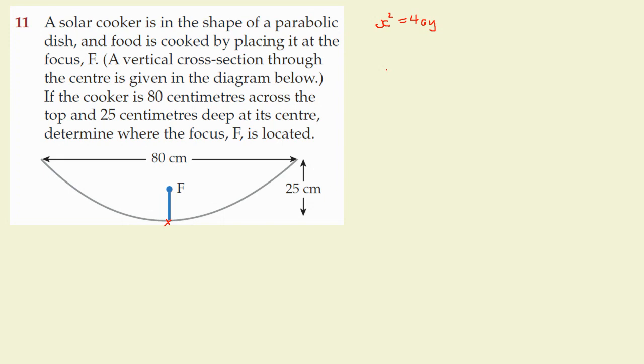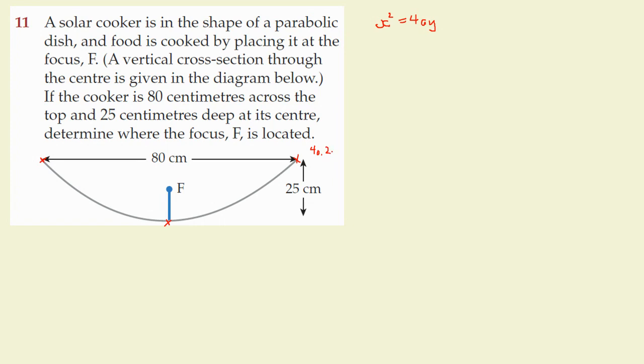What do we know? We've got that 80 centimeters there. We've got the 25 here. We can use that to work out what a is, because we know a point. Well, actually, we know 2 points that are on this graph. These 2 points at the end. Okay, and they're both giving us the same information. So the coordinates of this point is just 40, 25, isn't it?